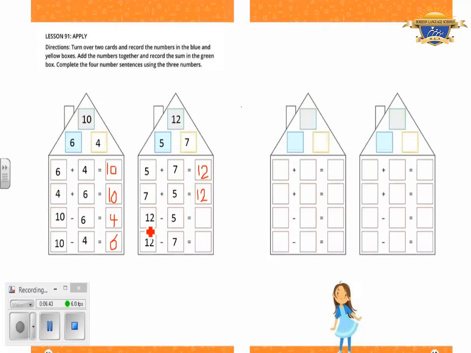So I will start with 12. 12 minus 5 equals, what is the missing number? I use here 12 and I use 5. The leftover is 7. So 12 minus 5 equals, excellent, 7. 12 minus 7 equals, excellent, 5.